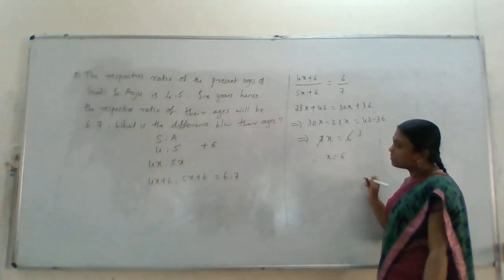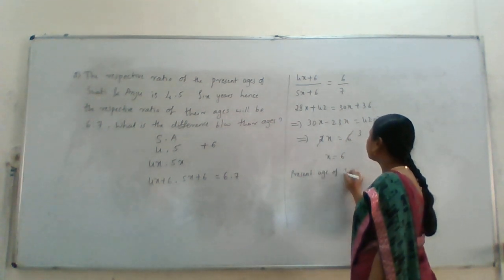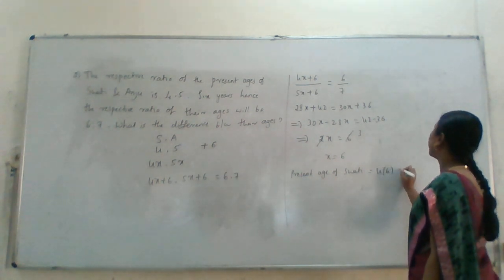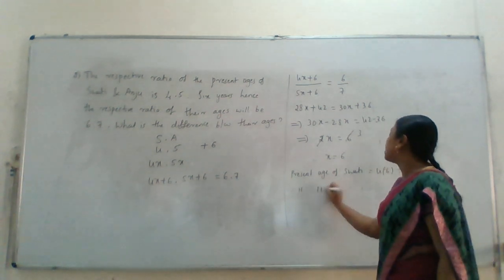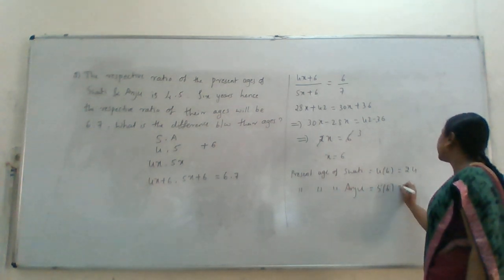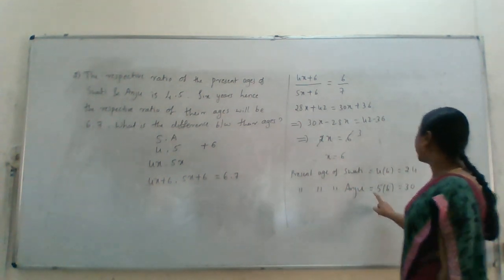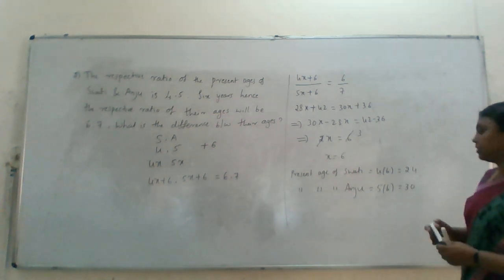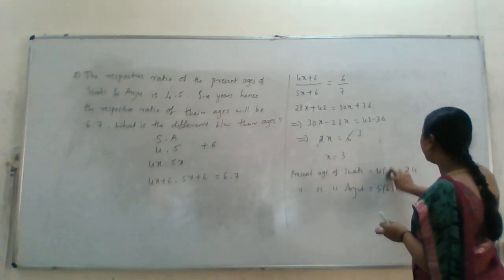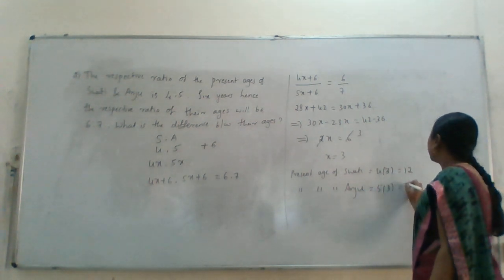If x is equal to 3, what is the present age of Swati? 4x, 4 into 3 is 12. Similarly, the present age of Anju is 5 into 3, that is 15.